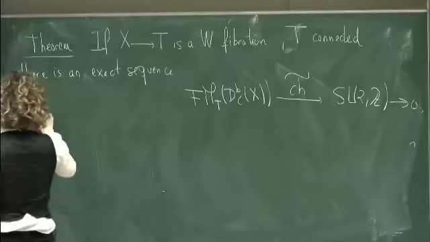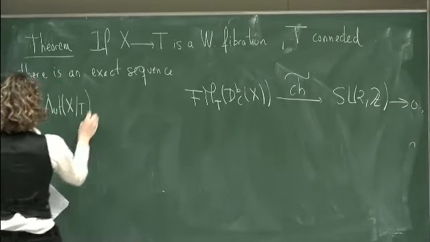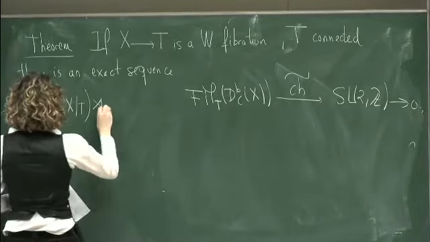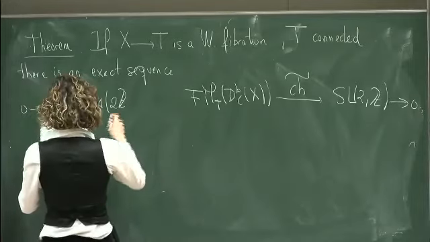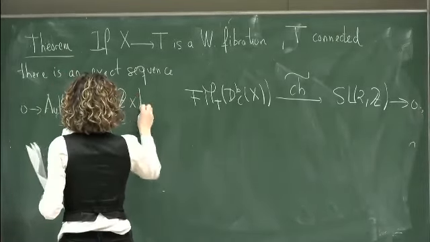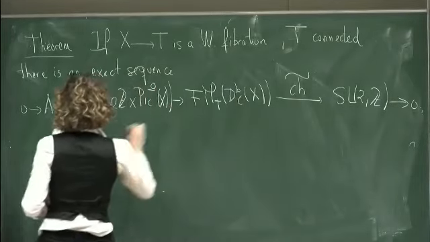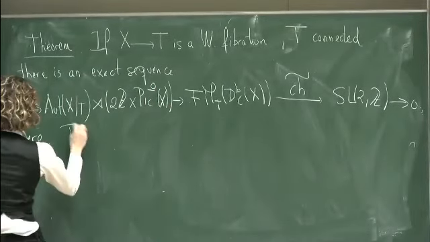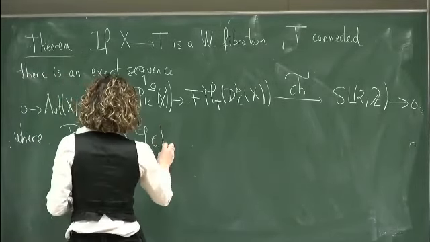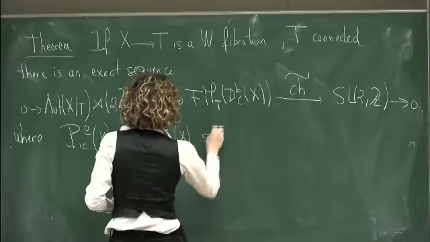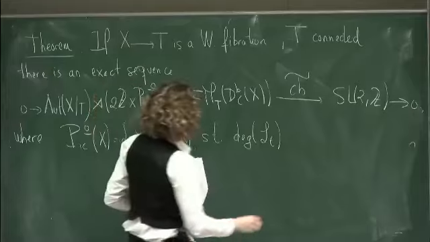And in this case, the kernel is just the relative automorphisms of the fibration, semi-direct product with Z, the shifts, direct product with Pic^0 of X, where Pic^0 of X is just the line bundles such that the degree of the restriction to any fiber is 0.